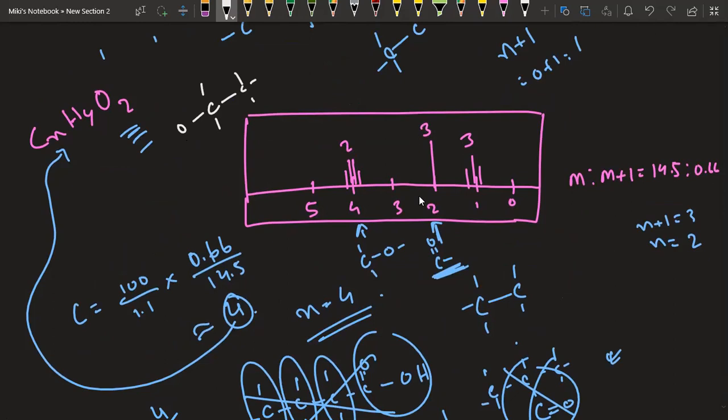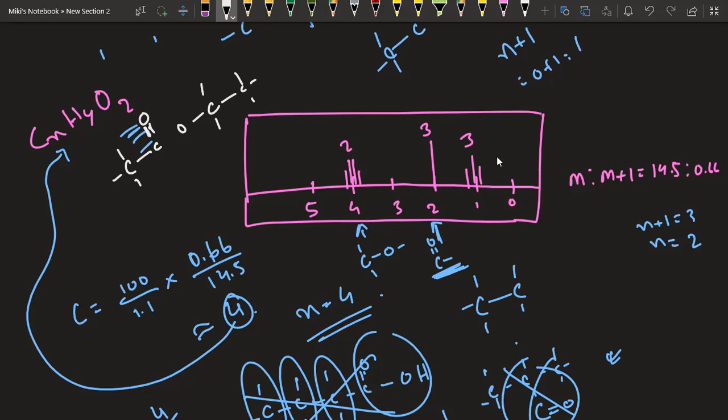Similarly, the group we're talking about here should be a group having a C double bond O group, and the component bonded with it is a CH3, which is the 3 hydrogen carbon. So this is the group we're talking about, and its adjacent should have no carbon group. So that means this is a situation.